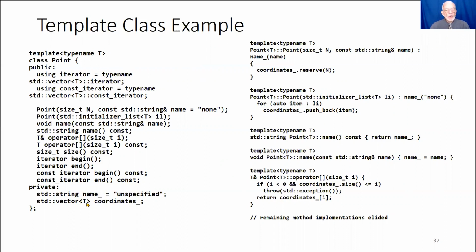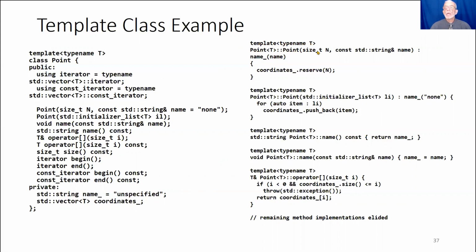Here I had a vector of doubles, now I have a vector of T's. So for this class, it is almost totally just a substitution process. For some classes, again, it may be more than that, but for a lot of classes, it's basically a substitution. And each of the member types has to be prefaced with this template type named T.